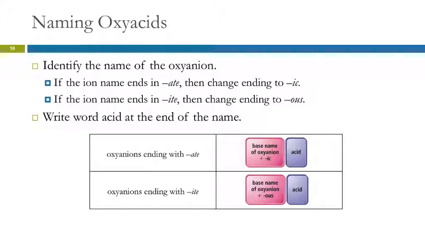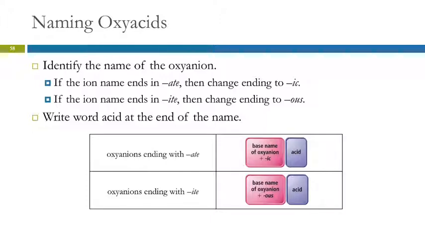So if it ends in ate, we're going to change the ate to ic. If it ends in ite, we're going to change the ite to us. So we're going to get the base name of the oxyanion plus ic, and then we add the word acid. So you get things like hydrochloric acid. Chloric acid, or chlorous acid.